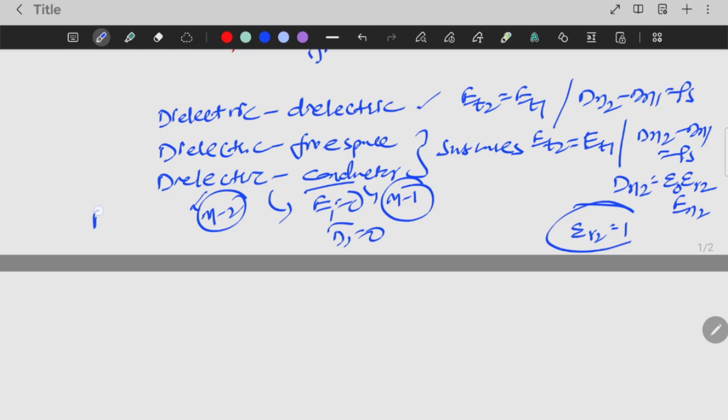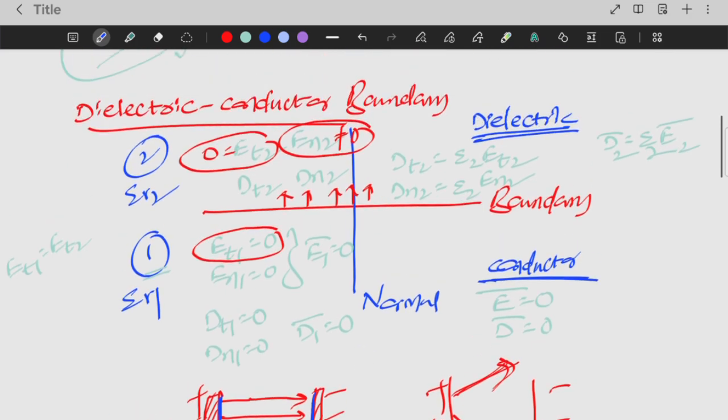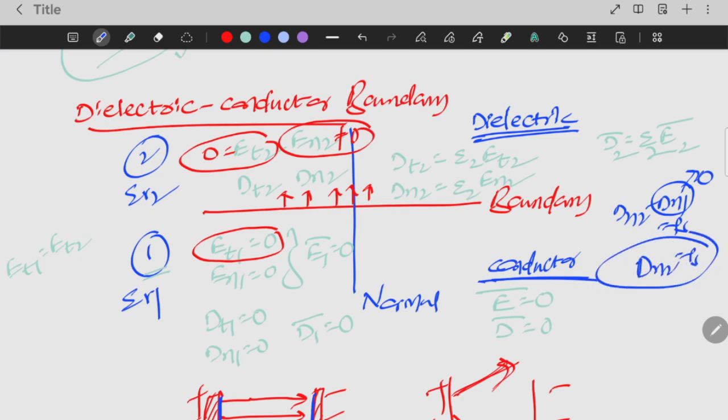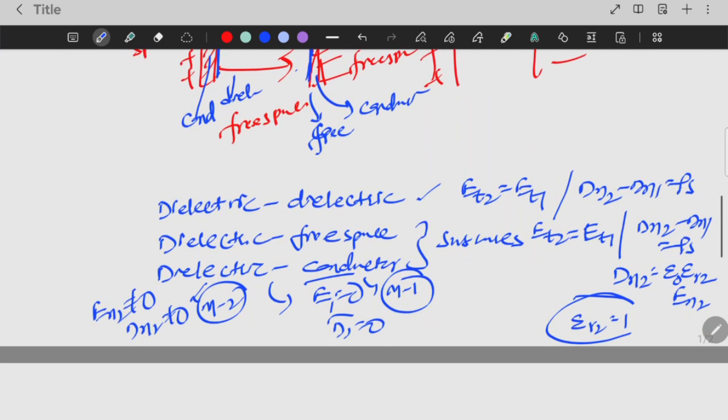In medium 2, you will have only the normal component, which is not equal to 0, and DN2 is not equal to 0. So DN2 minus DN1 should be equal to rho s. This is 0, that means DN2 is equal to rho s itself. So these are the boundary conditions completely.